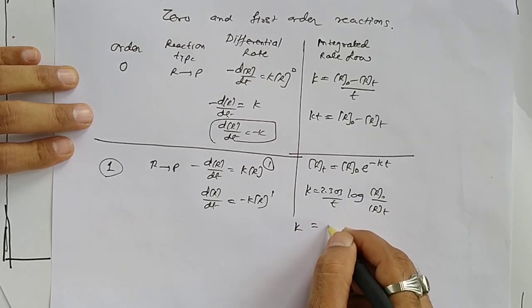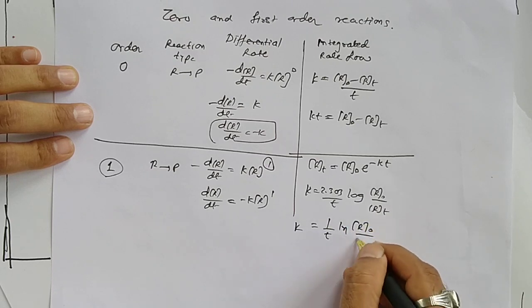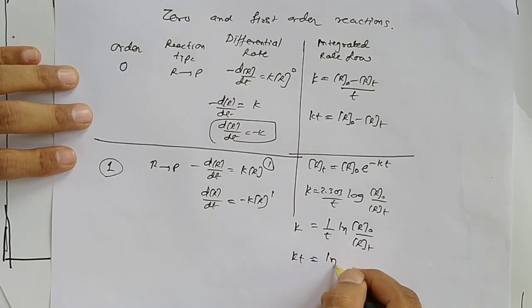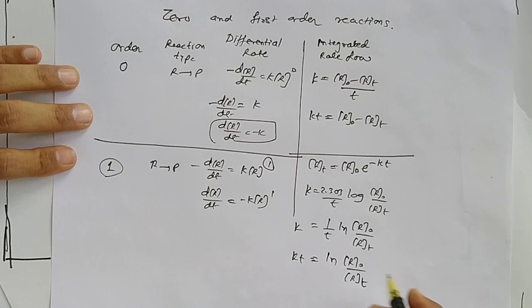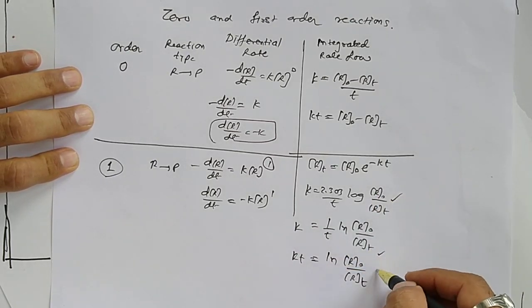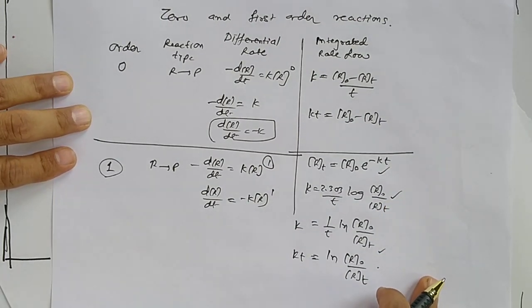In linear form, K equals 1 upon t ln R0 by Rt, otherwise K into t is ln R0 by Rt. These are the logarithm form of K, this one linear and this one exponent. Understood?